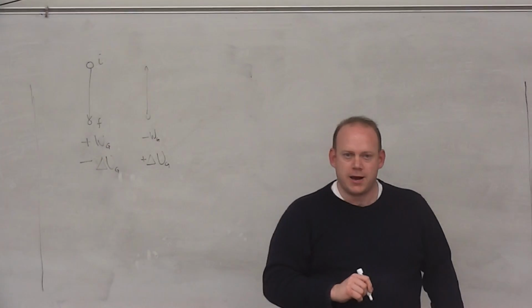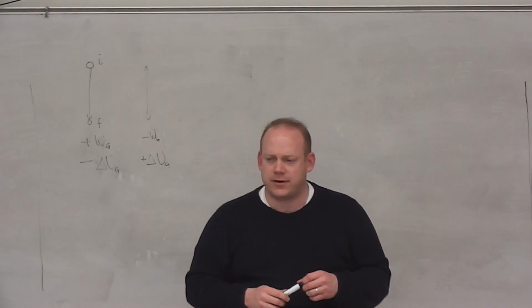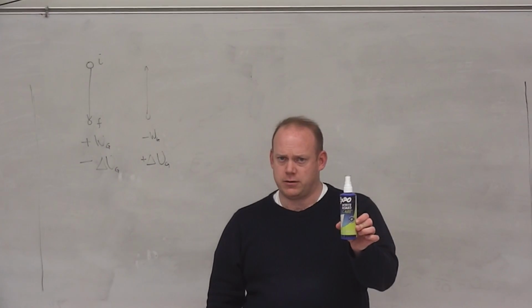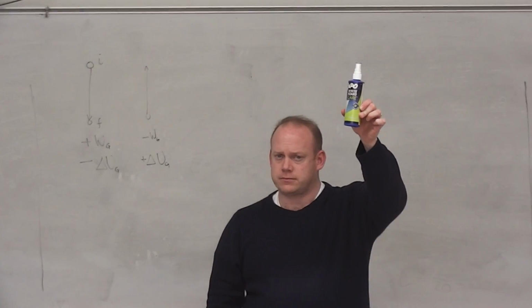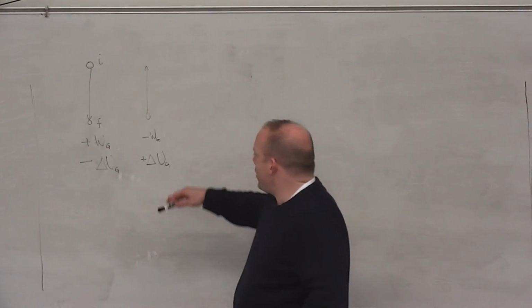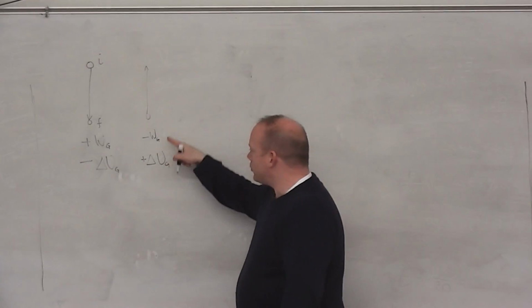Now, thinking about the force, potential energy due to gravity is mgh. The force of gravity on this is mg. If I raise it up, the change in height here is h. So what we can say here is that the magnitudes are going to be the same.